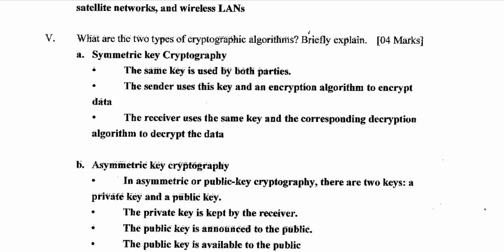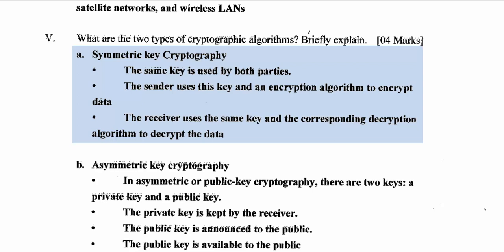Part 5. What are the 2 types of cryptographic algorithms? Briefly explain. So there are 2 types of cryptographic algorithms, symmetric and asymmetric. In symmetric, the same key is used, and in asymmetric, different keys are used. That means in symmetric key cryptography, when you encrypt and decrypt, in both cases we use one particular key.